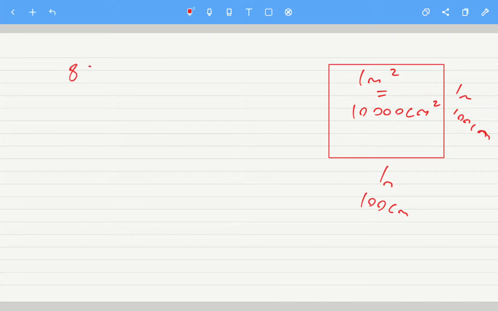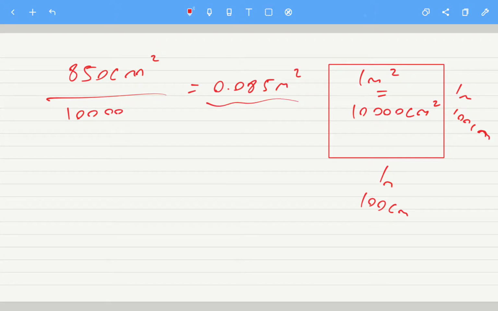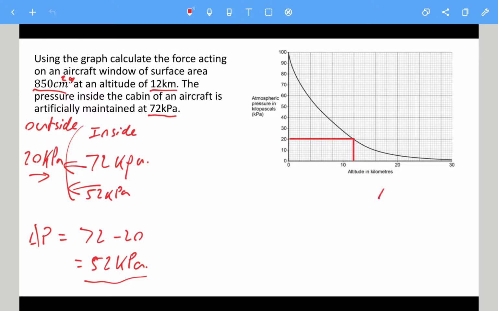In our question, it's 850 centimetres squared. So I'm going to divide that by 10,000, and that will give us the area, which is 0.085 square metres. So now we can complete the question. I'm just going to write that in, 0.085 square metres.